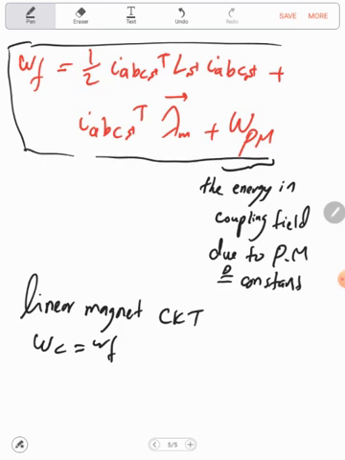So simply this means that we have omega C. So now we can calculate TE, which will equal P over 2.